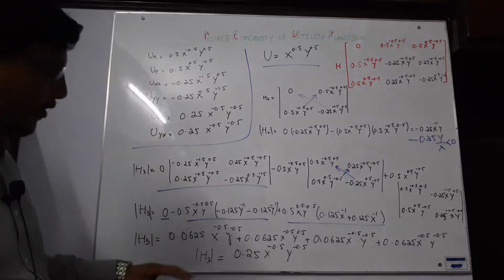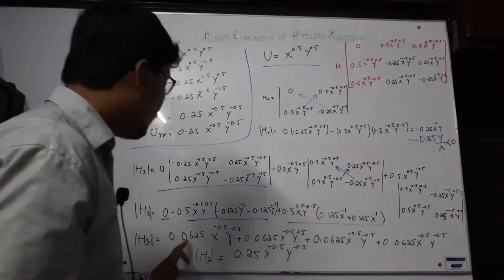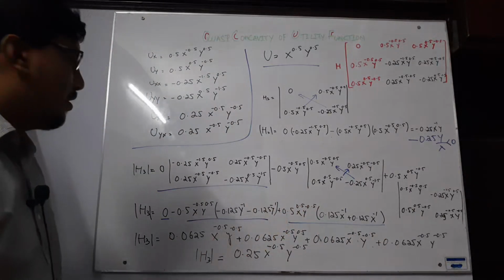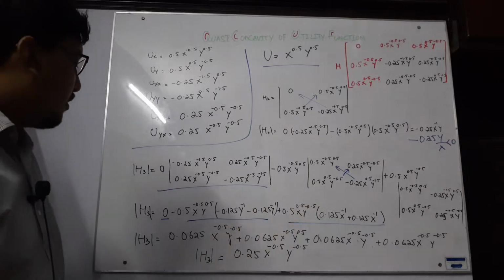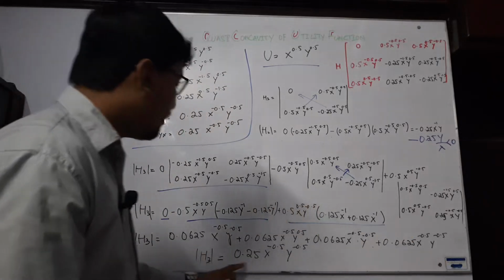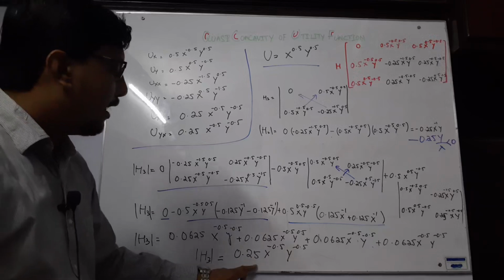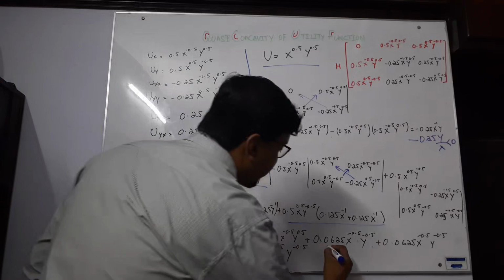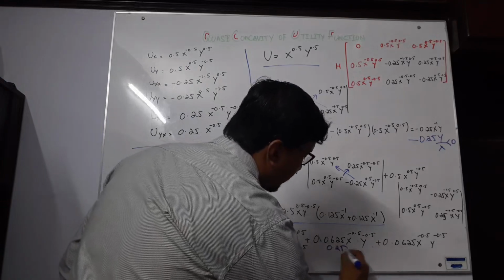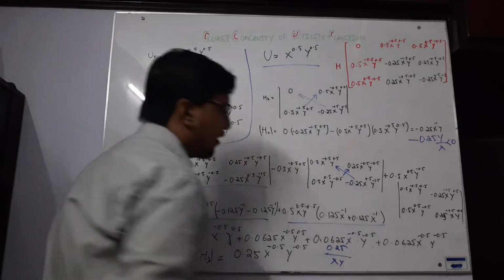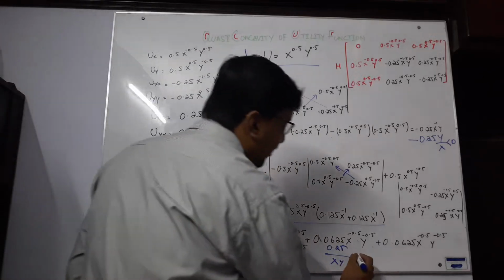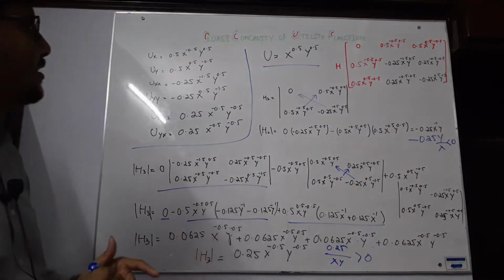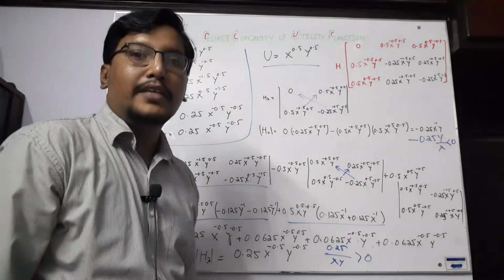And finally we got all terms the same, this one, this one, this one, this one, by using the multiplication, simple algebraic plus minus. And then if we add all these terms, the answer is 0.25 x power minus 5 y power minus 5. You bring these two down, so 0.5 stays on top, and then x to the power 5 comes to the bottom. The whole term is positive, which means h3 is greater than 0. So very categorically we can say that this Cobb-Douglas function is quasi concave.